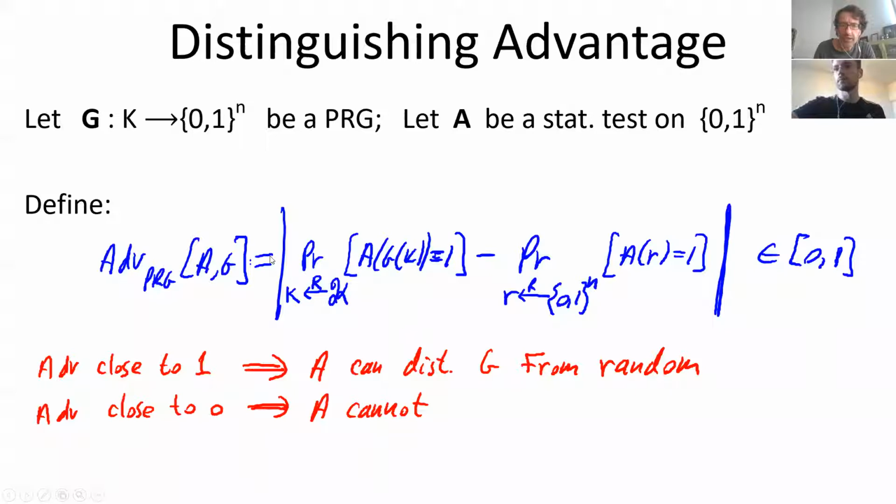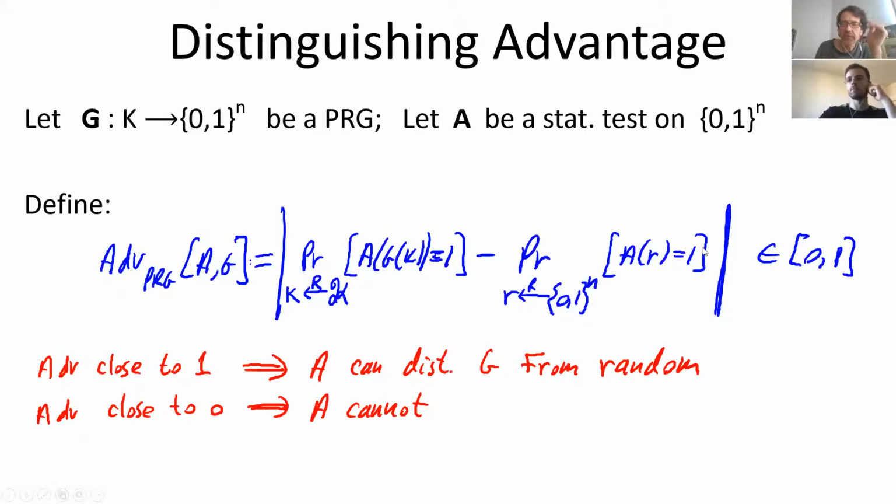you define the advantage of the statistical test attacker against the PRG as the difference between the probability that the attacker outputs a fixed flag 1 when he gets an input which is an output of the PRG on a random seed taken from the domain of the PRG, and the probability that the same test outputs the same flag when it's given an actually random string.